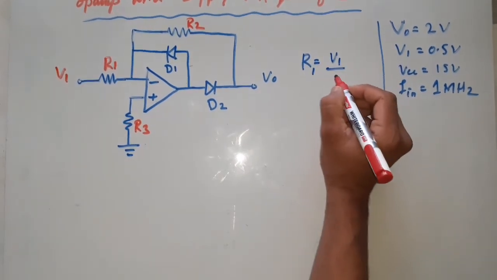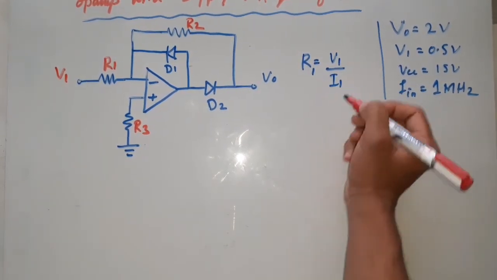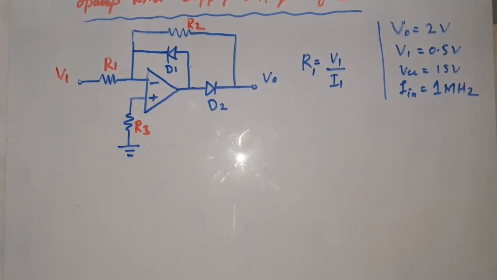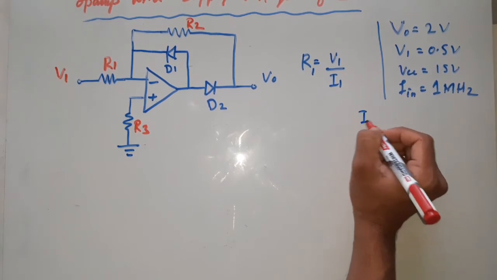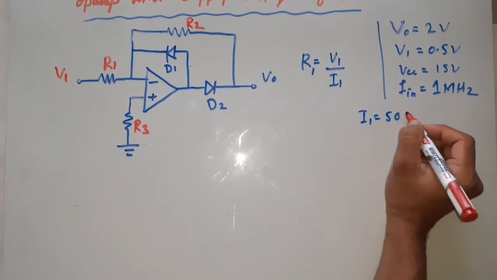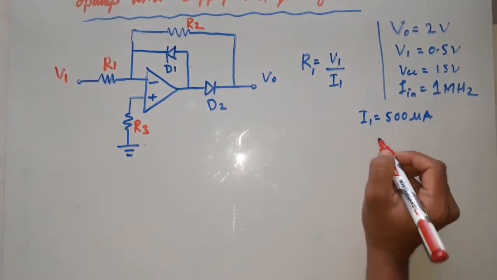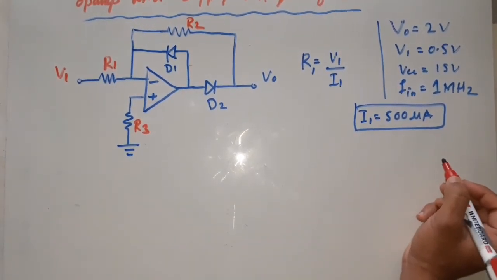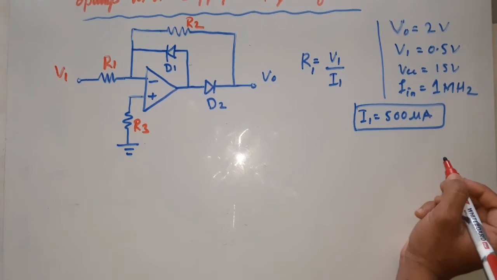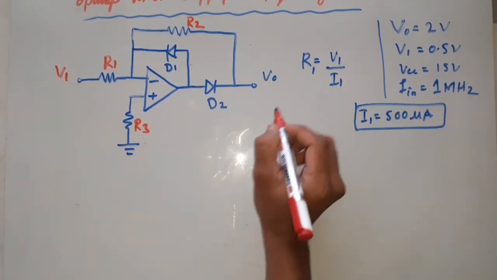R1 is V1, the input voltage, divided by I1. Once again remember we have a diode here, so I1 is going to be 500 microamperes. Don't take 50 microamperes; you need to take 500 microamperes.